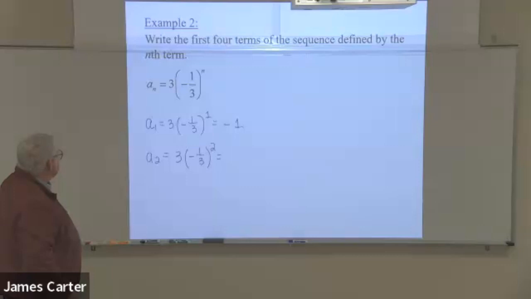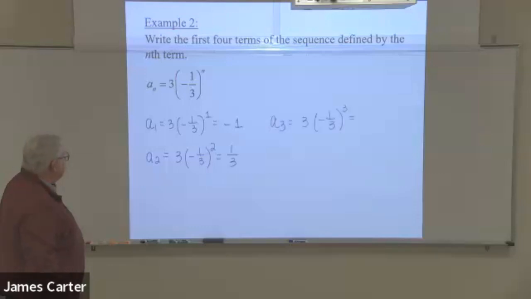If n is 2, the second term, the value for the second term then is the rule. So we have to square this first, which is going to make this positive 1/9. And then 3 times 1/9 simplifies to a third. You might want to put in that extra step I told you.